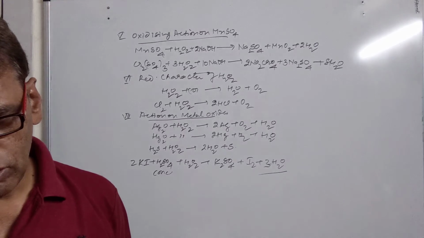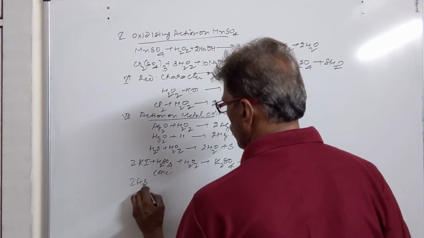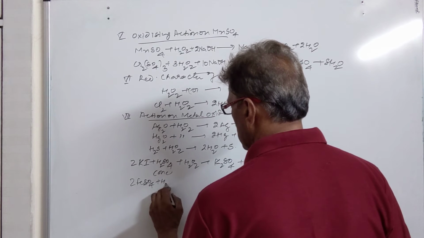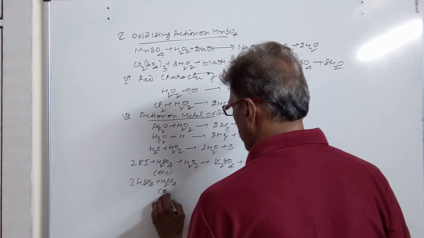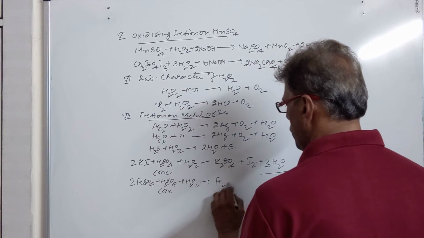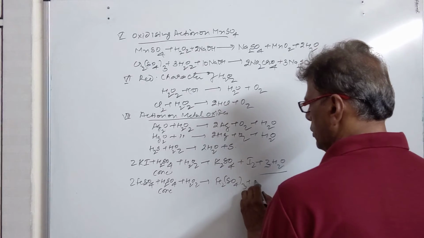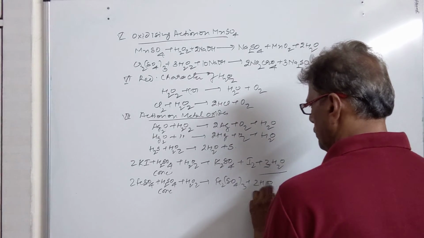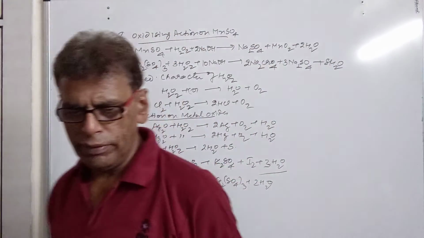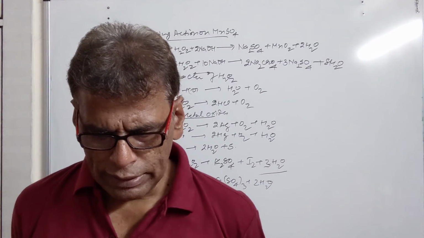Then we have action on ferrous sulfate. Ferrous sulfate will change into ferric sulfate: 2FeSO4 plus concentrated sulfuric acid plus H2O2, you will get Fe2(SO4)3 plus 2H2O. So ferrous sulfate is oxidized to ferric sulfate.